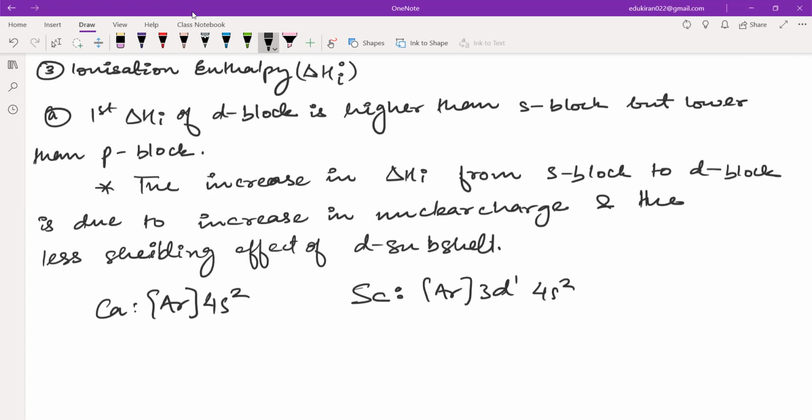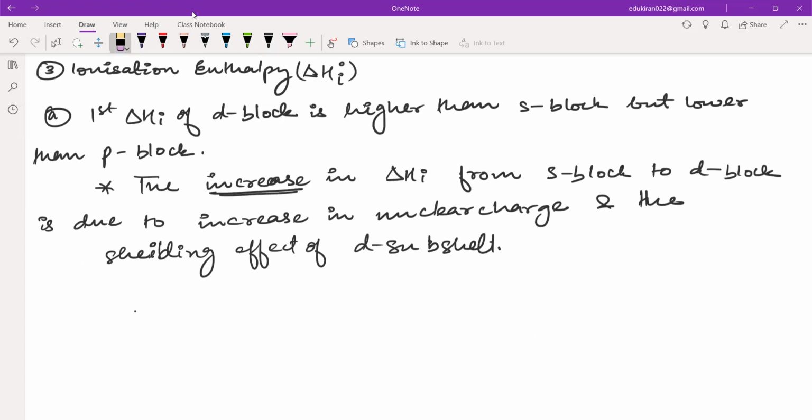Now here these 4s2 electrons are shielded by the argon, which has S and P, and here we have 3d subshell electrons. So we have more and more electrons here. That is why it is difficult to remove the electrons.